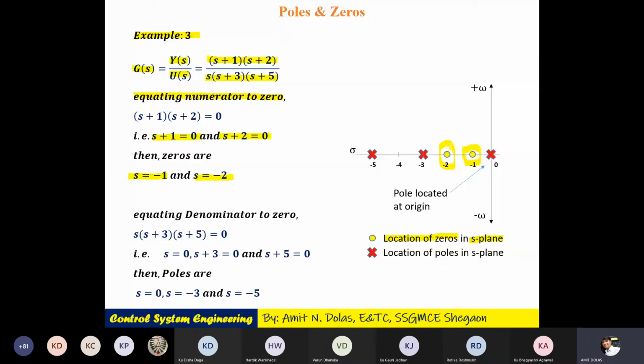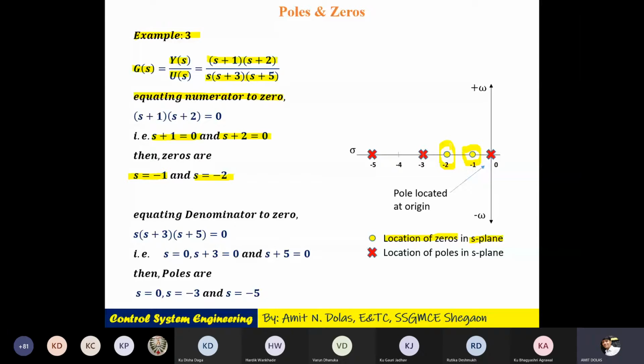You might have one question: we are calculating or finding poles and zeros and plotting them in the S plane, what is the use of that? What does it mean if a pole is plotted somewhere in the S plane, or zeros are plotted somewhere in the S plane?